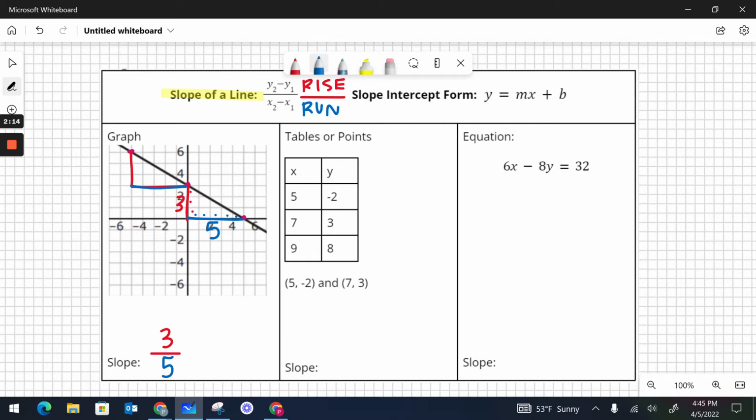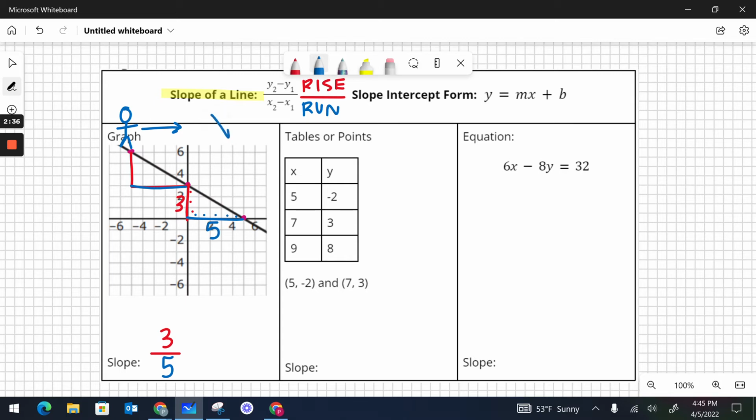The last thing that you want to do is check if it's a positive slope or a negative slope. The way that you can do that is if you imagine that there's a person who starts on the left side of the line and they walk to the right. If they walk downhill, it's a negative slope.